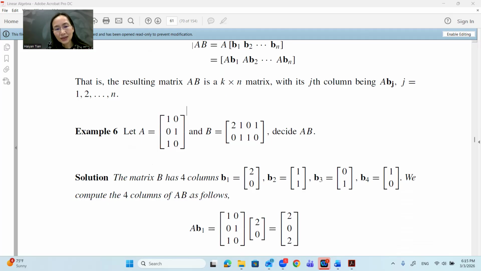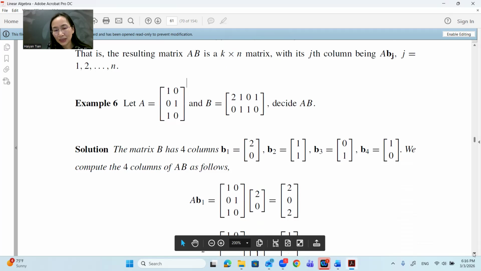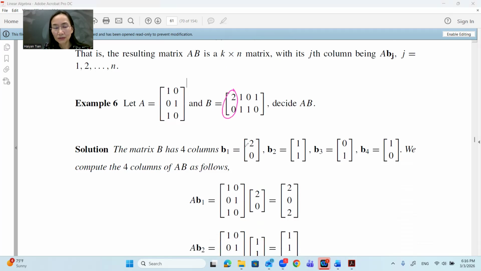So let's calculate A times B1, the first column, which is this. Is it legal to multiply A by that first column? We must check the dimension, right? Let's see how many columns are in A: 2. How many entries are in the first column of B? 2.